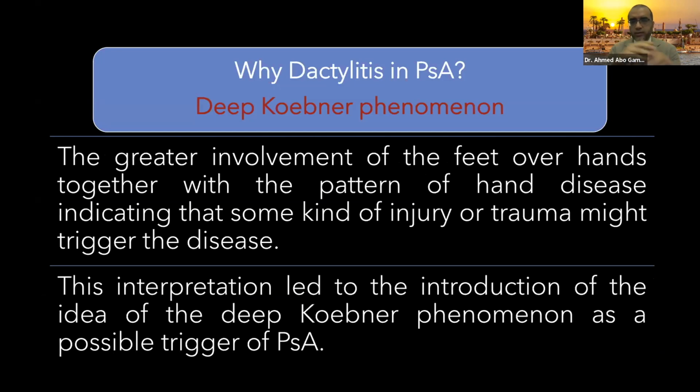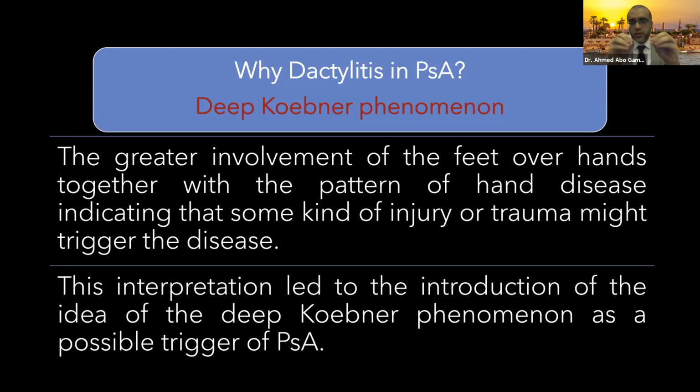So why does dactylitis happen? If we speak about psoriasis, there is something called the Koebner phenomenon. The lesions in psoriatic patients are always connected to some friction of the skin or minor trauma affecting the skin. Usually these sites are supposed to develop a psoriatic lesion. There's another theory called the deep Koebner phenomenon, which happens at the level of the musculoskeletal tissues and tendon.